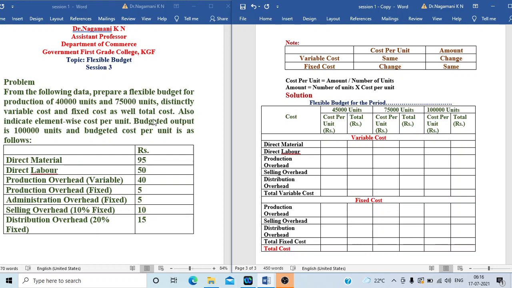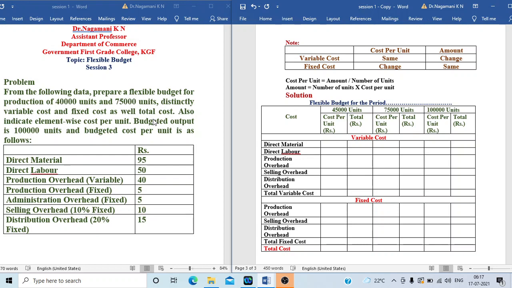See, we need to prepare the flexible budget for production of 40,000 as well as for 75,000 units. And how we have to prepare the flexible budget means we have to show variable cost separately, fixed cost separately, and we have to show the total cost also.